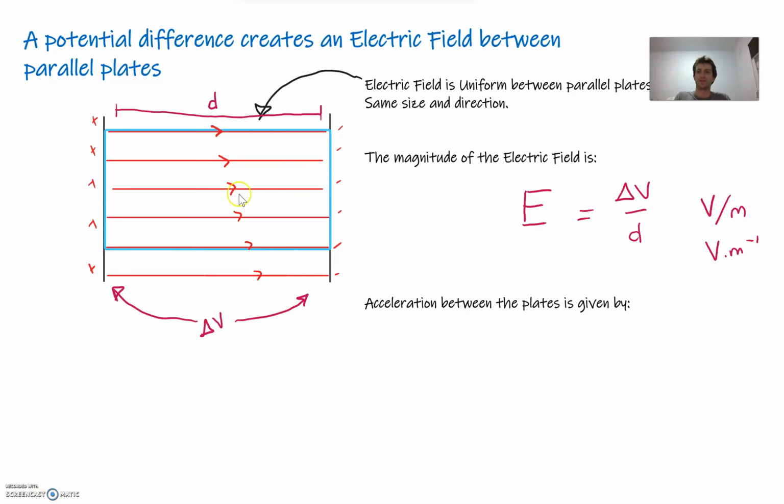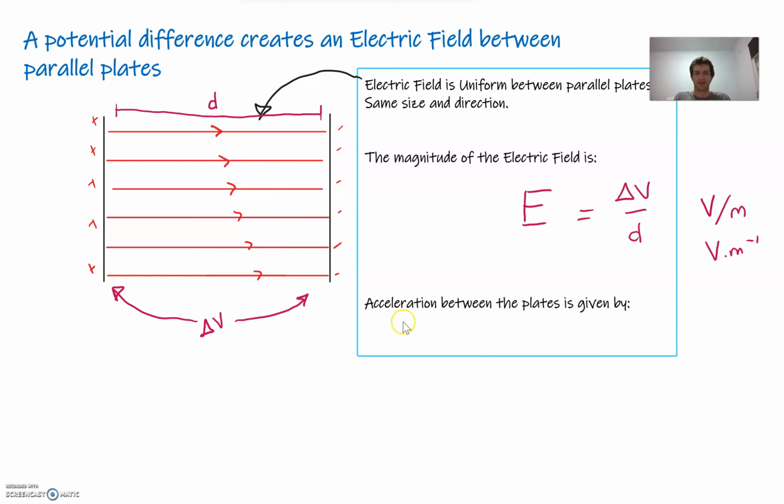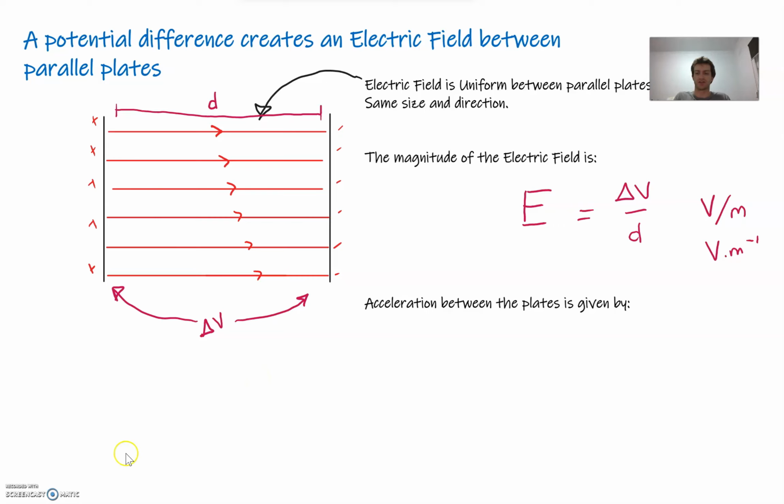So if we place a charged particle in this field, it will accelerate in the direction of the field lines, or if it's a negative charge, in the opposite direction of the field lines. And the magnitude of the acceleration is given by an equation. You get the acceleration by doing the charge multiplied by the electric field strength divided by the mass, like that.